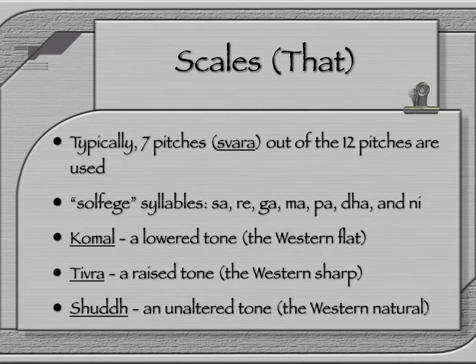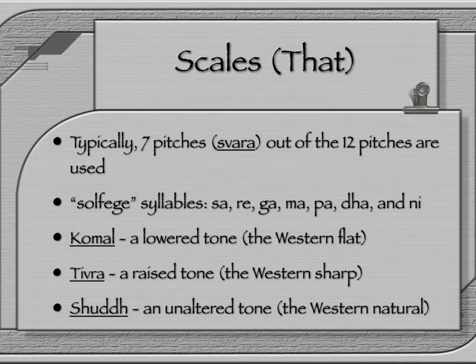Now, in our Western music, we have solfege syllables that help us learn how to sing and play melodies. You know these as do, re, mi, fa, so, la, and ti. Now, there are Indian solfege syllables as well: sa, re, ga, ma, pa, da, and ni. Sa is the tonic, but not always the most important pitch.